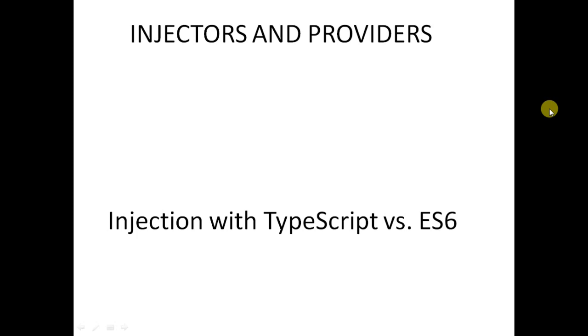Each component can have an injector instance capable of injecting objects or primitive values into a component or service. Any Angular application has a root injector available to all of its modules. To let the injector know what to inject, you specify the provider.